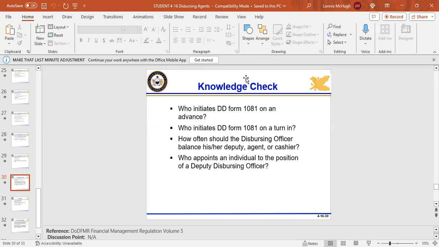All right. Who initiates a DD form 1081 on an advance? So an advance is from the dispersing officer to the agent.